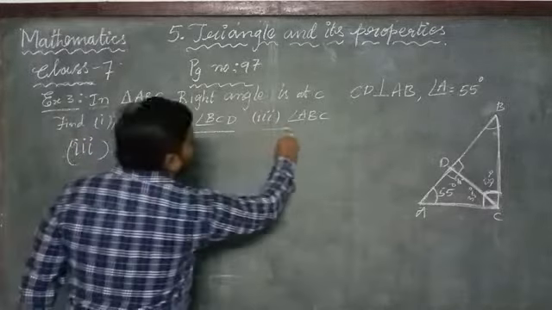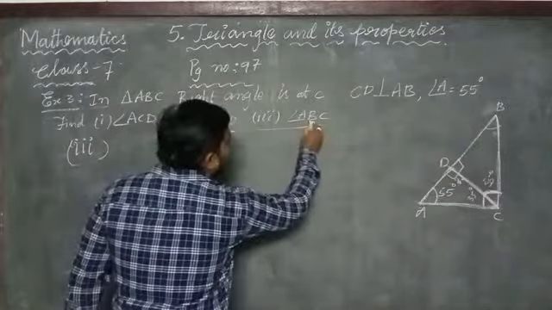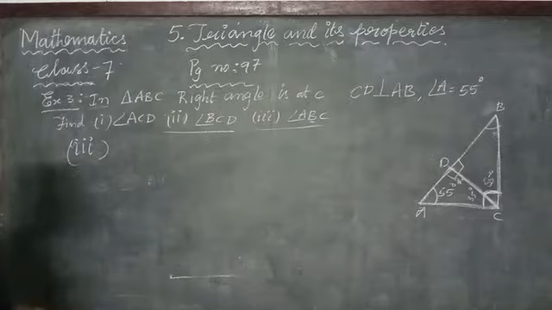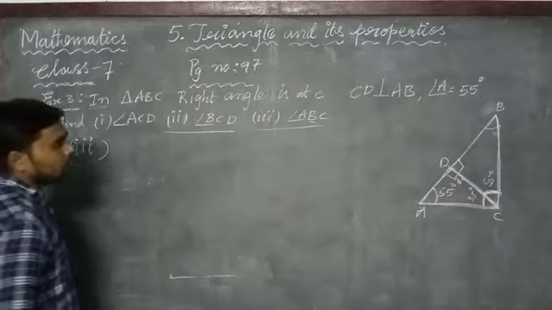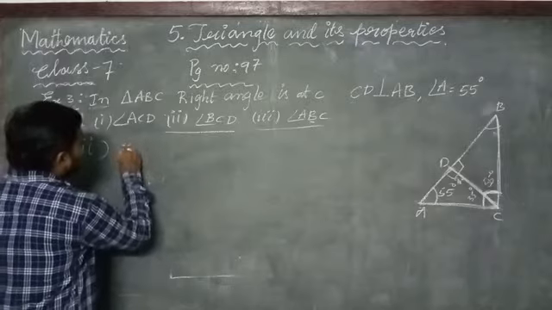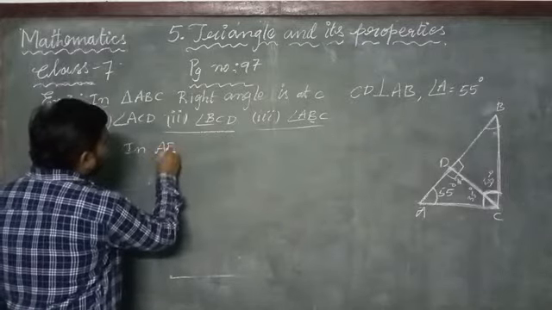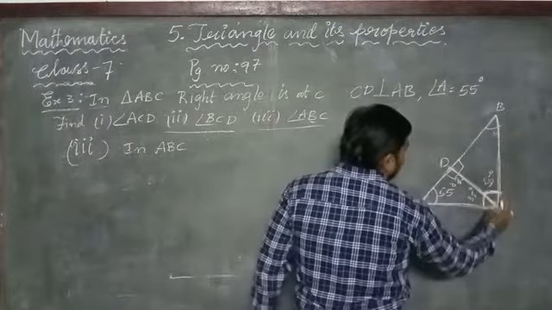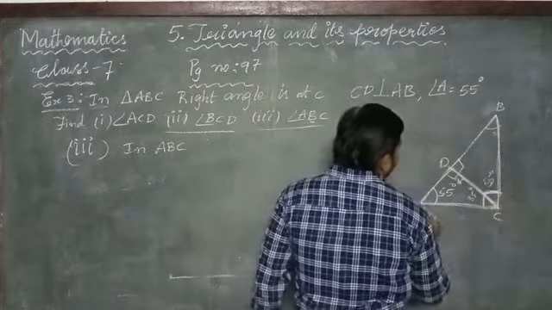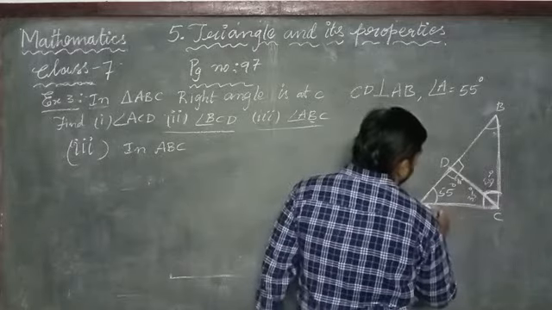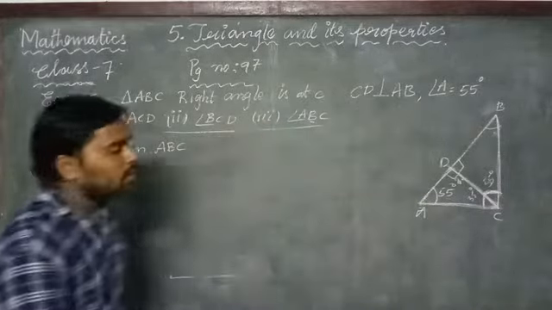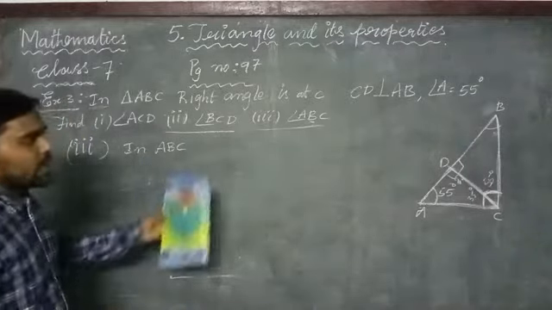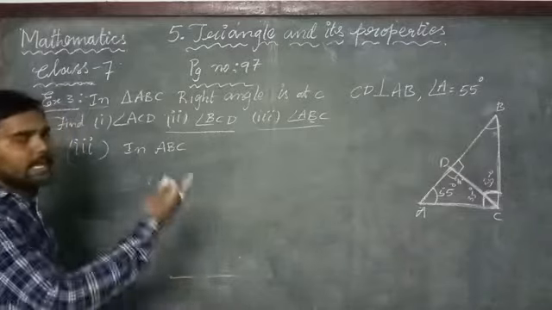For the third bit, we have to find the angle at B. Here in the triangle ABC, there are three angles, that are angle ABC, angle BCA and angle ACB. Now, from triangle ABC, we can calculate the angle at B.